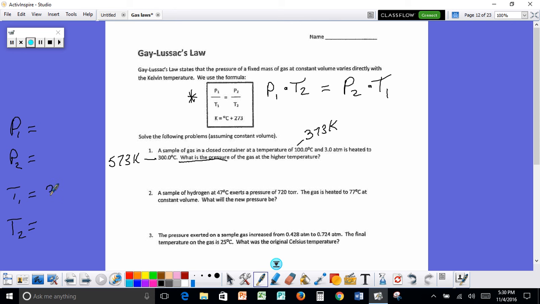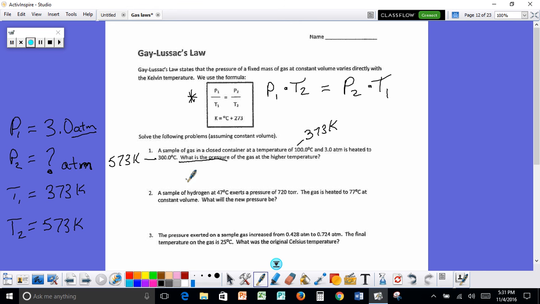So temperature 1 is 373 Kelvin. Our new temperature is 573 Kelvin. Our initial pressure is 3 atmospheres. So we want to know our new pressure, and since our initial pressure is in atmospheres, we should deduce that our new pressure is going to be in atmospheres.